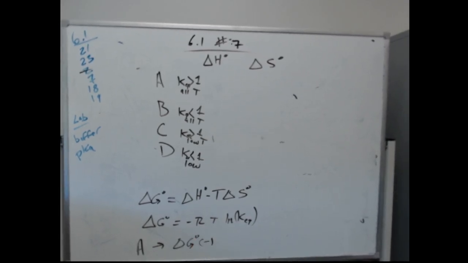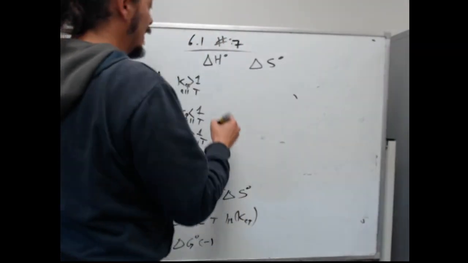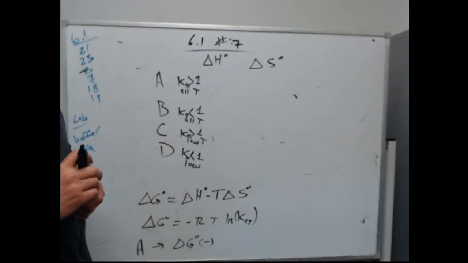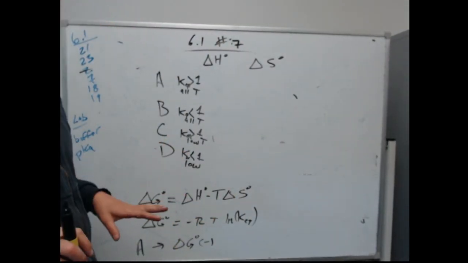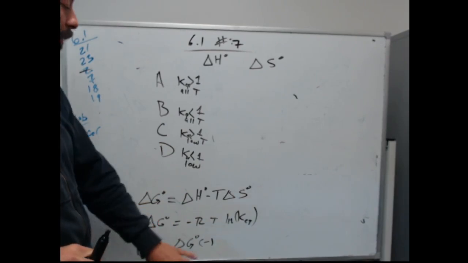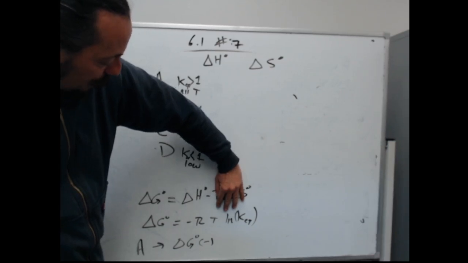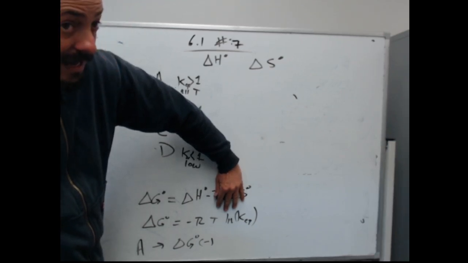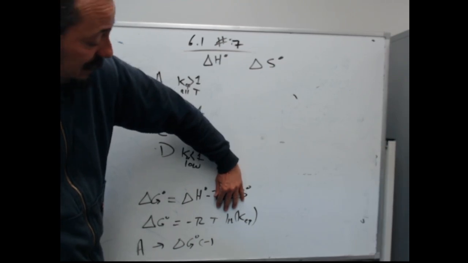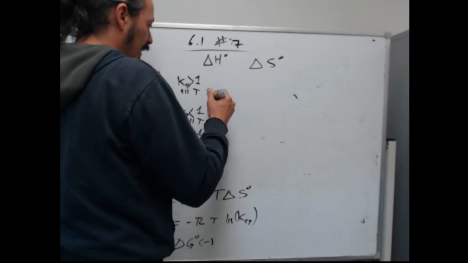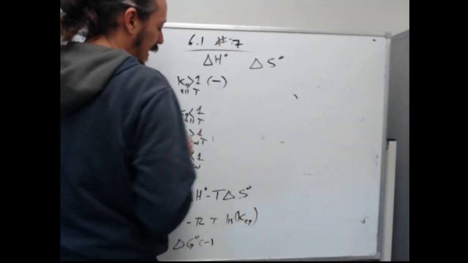So the thing I think about is first go to 0 Kelvin, or really small Kelvin. This term completely disappears. So delta H, if it's going to be negative at all temperatures, even 0, delta H has to be negative.